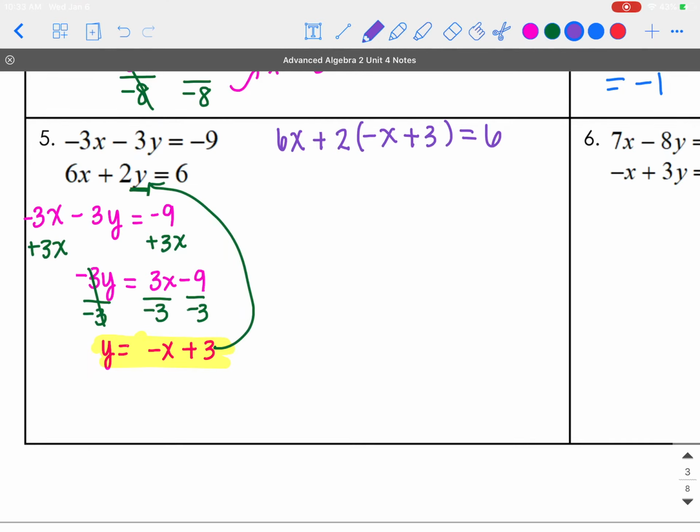So remember, whichever equation that you changed, you plug into the other one. So then I'm going to distribute to get 6x minus 2x plus 6 equals 6. So it would be 4x plus 6 equals 6.